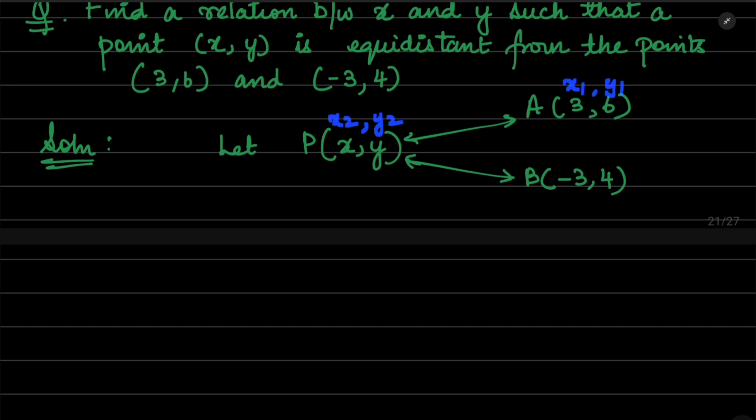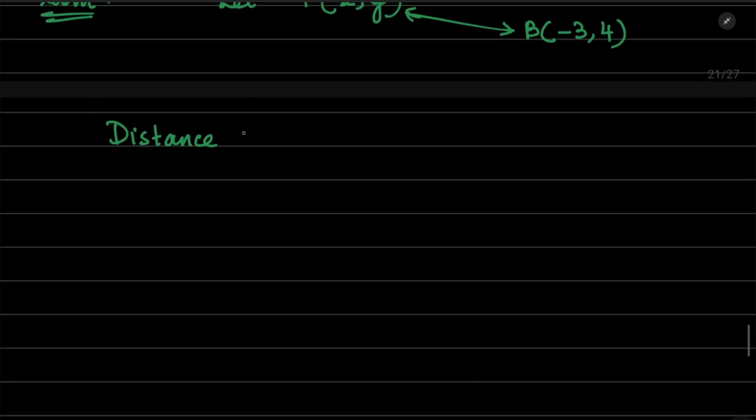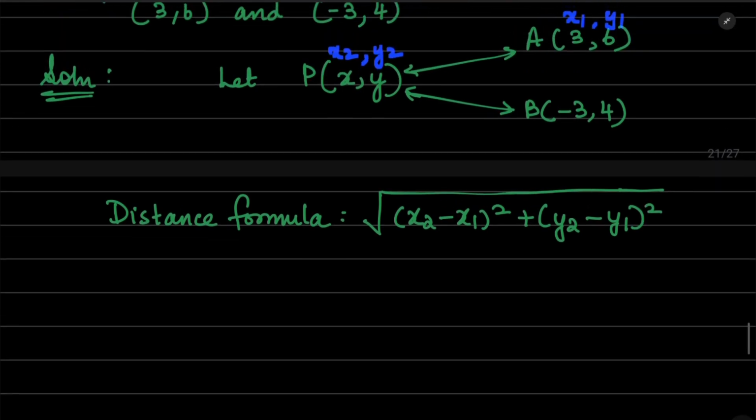The distance formula between 2 points, if you have to calculate the distance, is the square root of x2 minus x1 the whole square plus y2 minus y1 the whole square, right? Okay, now let us calculate.